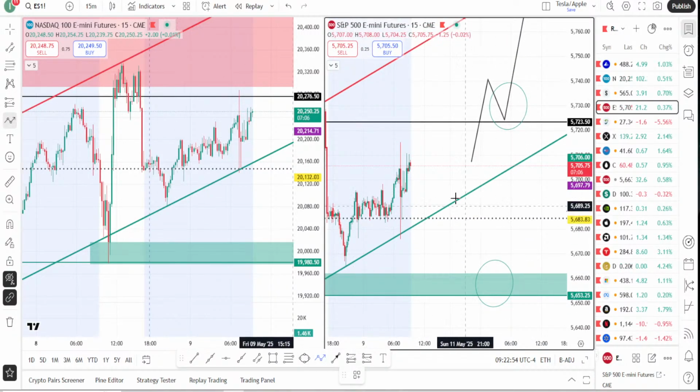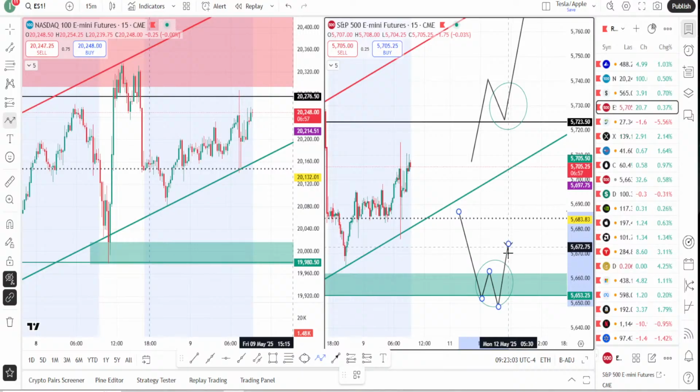And down here is probably going to be some kind of double bottom or something like that.